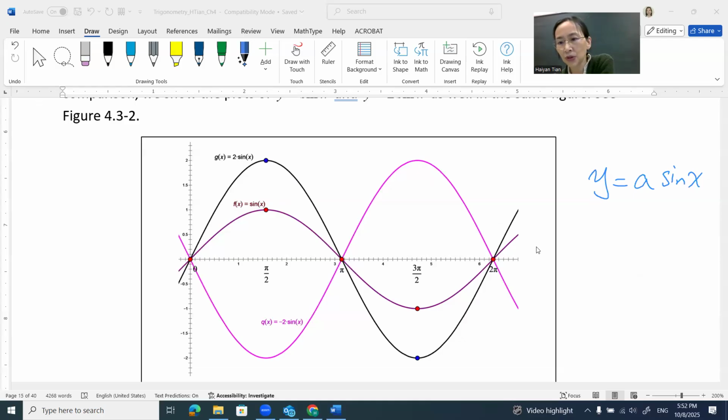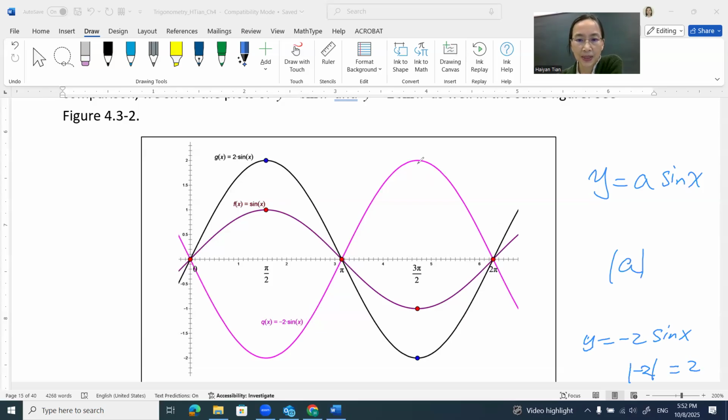For example, when A is -2, so if we have the function -2 times sine x, then the amplitude is the absolute value of -2, which is 2.